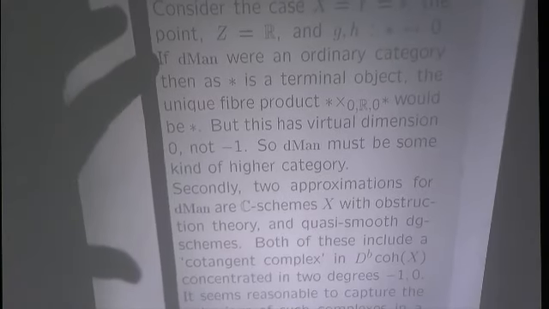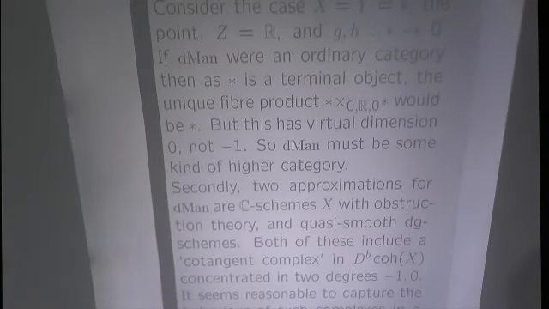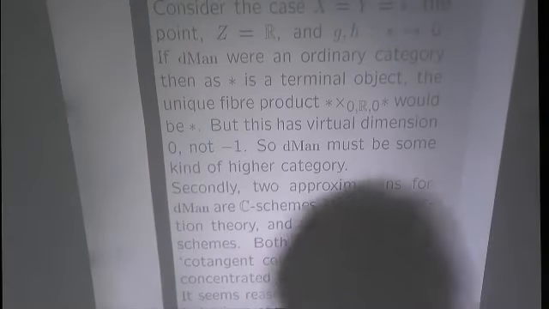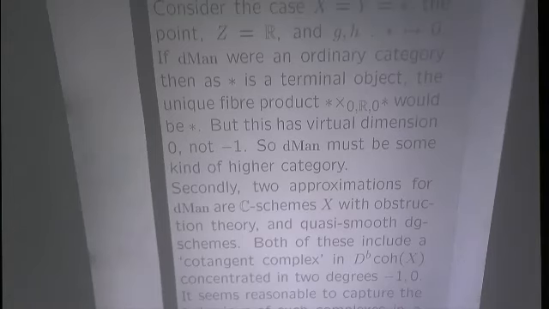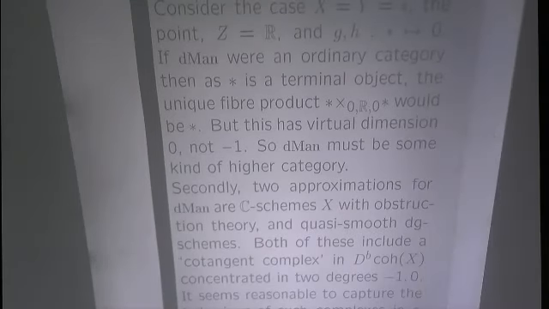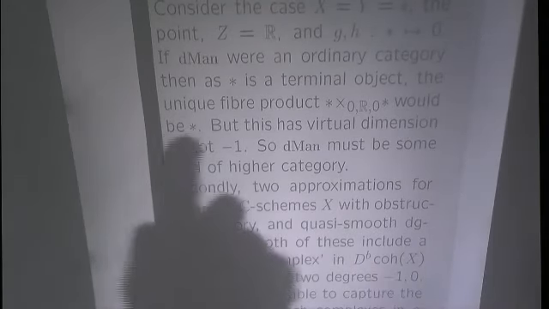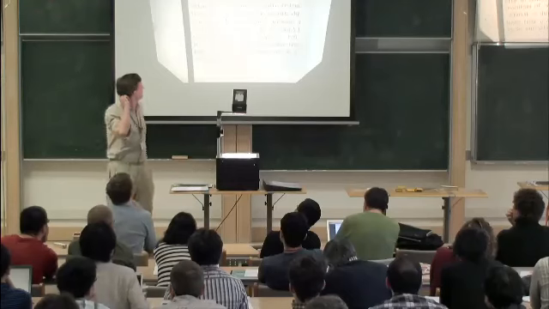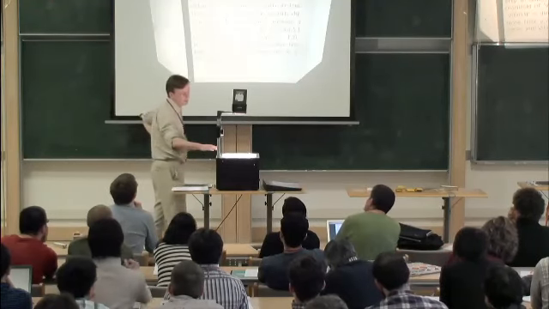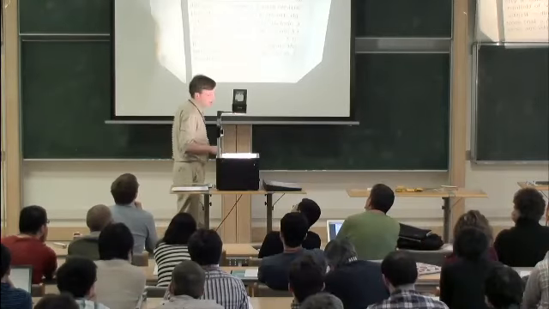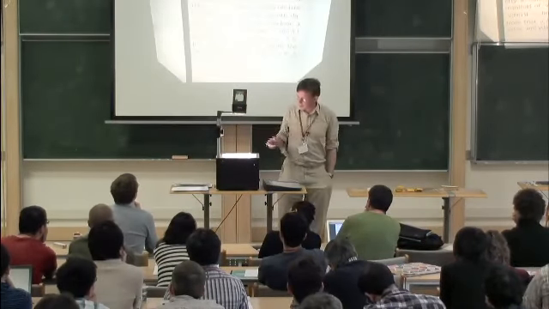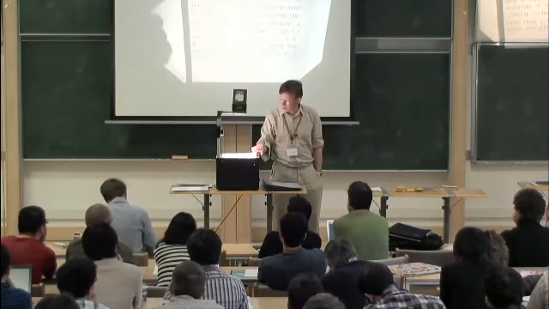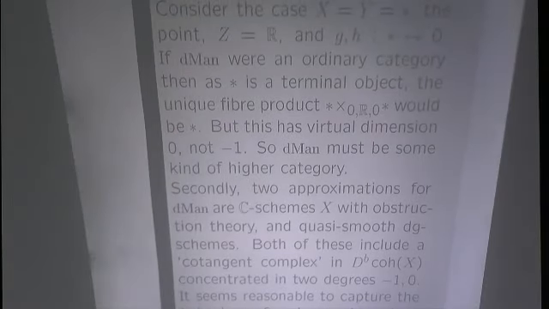If derived manifolds were an ordinary category, then because the point is a terminal object, there is a unique fiber product star cross over R of star, which is the point star. In that case, just by it being a category rather than a higher category, you get an intersection which is well defined, but it has virtual dimension 0, not -1, which is what you're expecting.